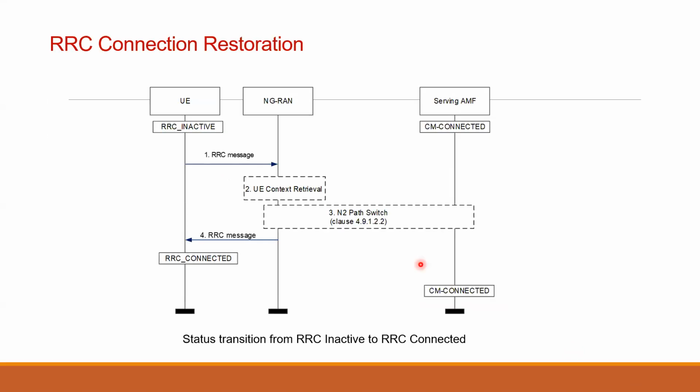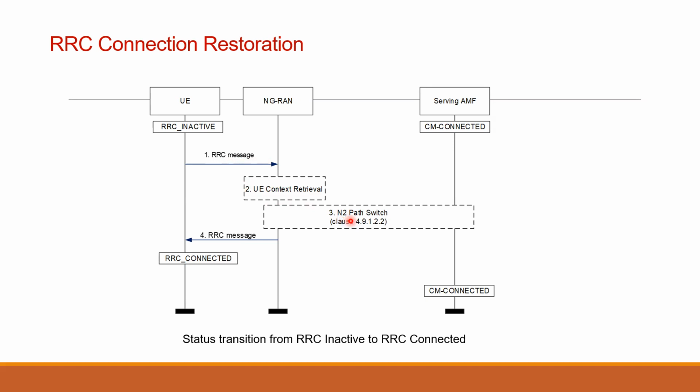So this is the call flow of RRC connection restoration. The UE is in RRC inactive state and wants to send a message, so it sends an RRC message. The RAN performs the context retrieval.